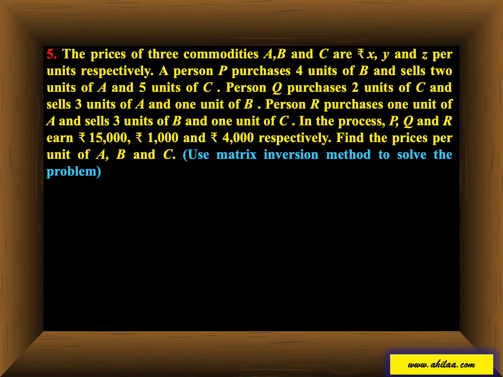Find the prices per unit of A, B and C. Use matrix inversion method to solve the problem. Let us see the solution.